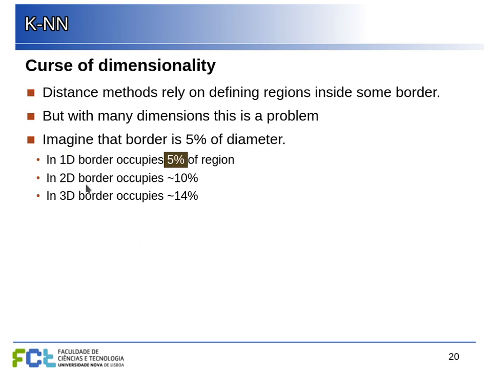But if you go into 2 dimensions, then by using this 5% of the diameter all the way around, for example a circle, you get a ring on the outer edge of the circle that occupies about 10%. In 3 dimensions, you have a shell on the outer edge of the sphere, and this will occupy around 14% of the volume of the sphere.